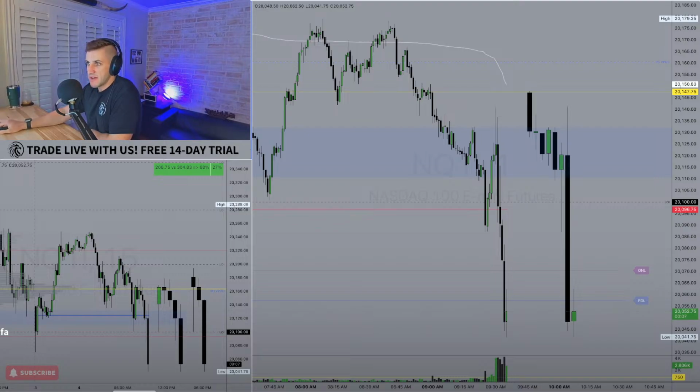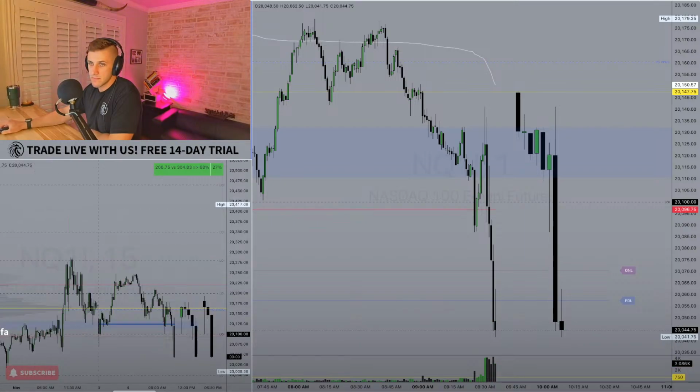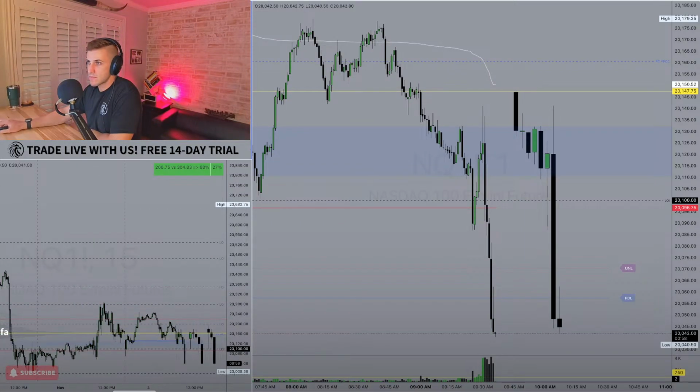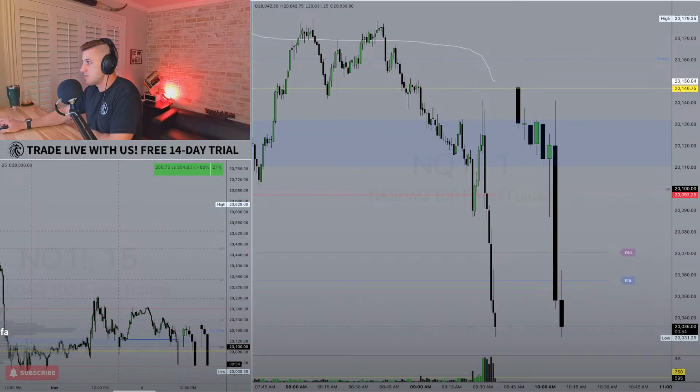So let's see if buyers have any interest in this area so far. Looks like no, not really. Continuing that kind of near-term bearish structure that we've been seeing the past couple of days. And not too far off of 20K now. That'll be a much bigger area of support.